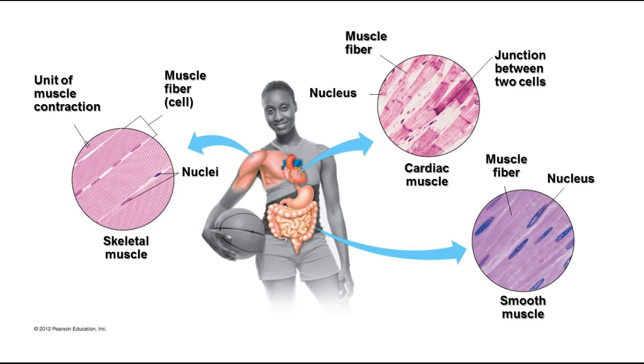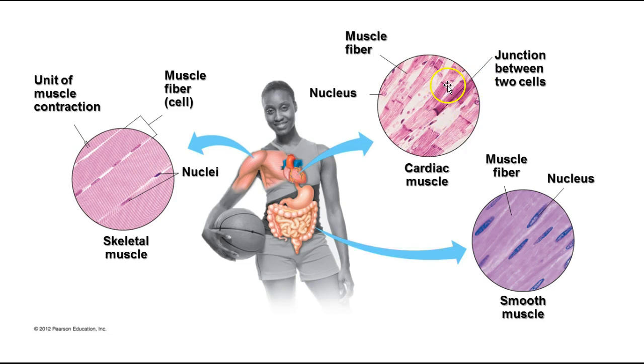Muscular tissue has 3 different types of muscle. We have skeletal muscle, which is your voluntary muscle, the muscles that you have charge of to move. It is striated, or striped. It has nuclei that are spread throughout, and it's made of all these connected contractile proteins that are found inside the cells. The cardiac muscle is also striated. It has the same striped kind of appearance, except the cells are branched in cardiac muscle.